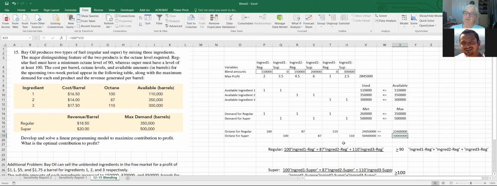So once it's larger, if you increase the octane required here by 1, then this one is so much higher than this one that nothing will happen. You are already more than 91 octane. We can check. We can put here 91 instead of 90 in the calculation and see if it is meeting this value. If it's still meeting this value, it doesn't matter if you require 91 octane, because you already are providing more.